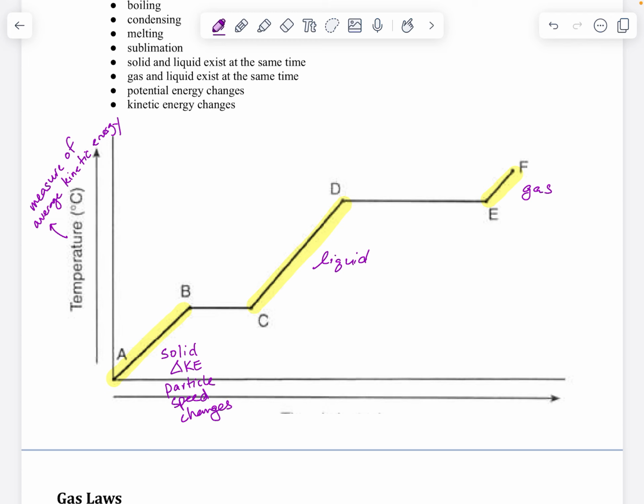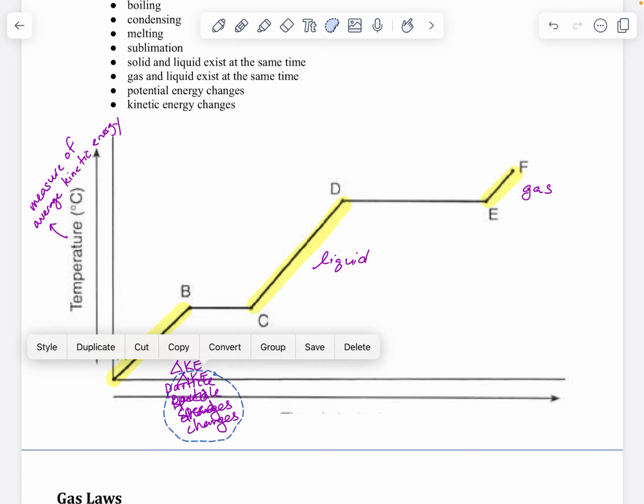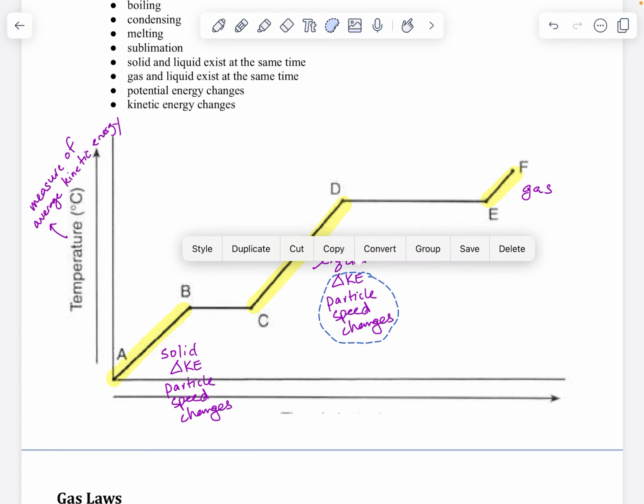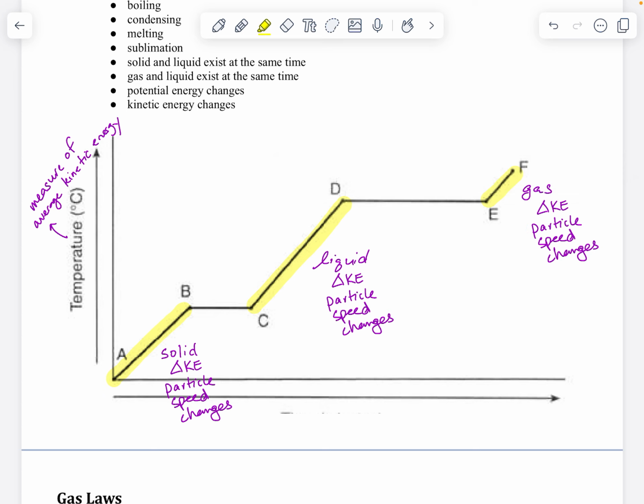Okay? And this idea holds true at each of these points where there is a particular state of matter. So here, the kinetic energy, it's changing, and then it's the same thing over here, right? So the change in kinetic energy, speed, change in kinetic energy, speed, change in kinetic energy, speed. Right? There's a theme here. When temperature's changing, the speed changes.